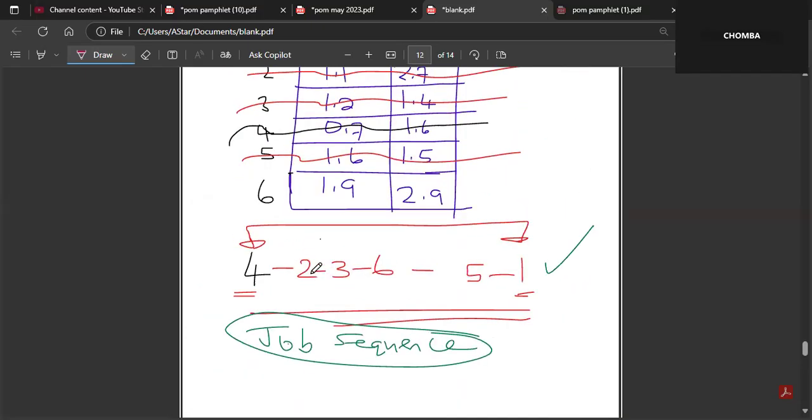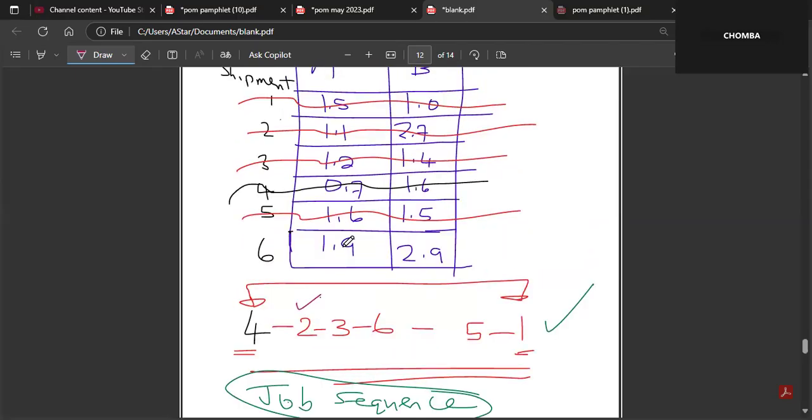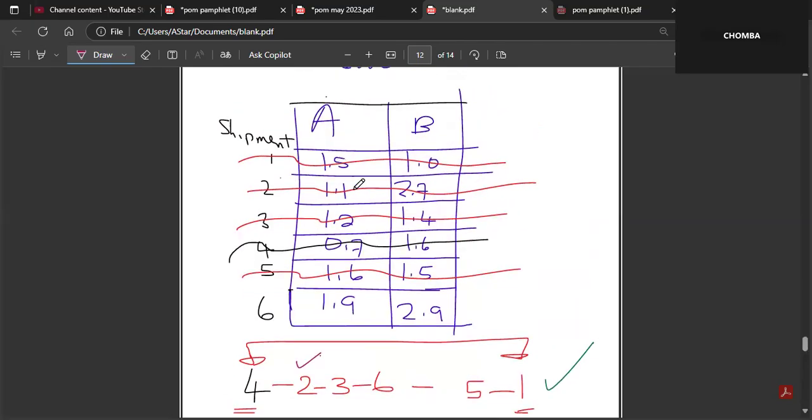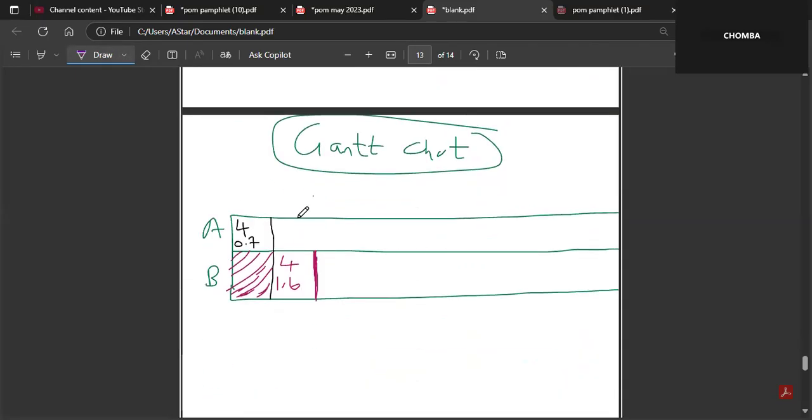So they should start printing what? 2, using this sequence, right? 2 is taking how many hours in A? 1.1, right? So you come here and put 2 here and put 1.1.